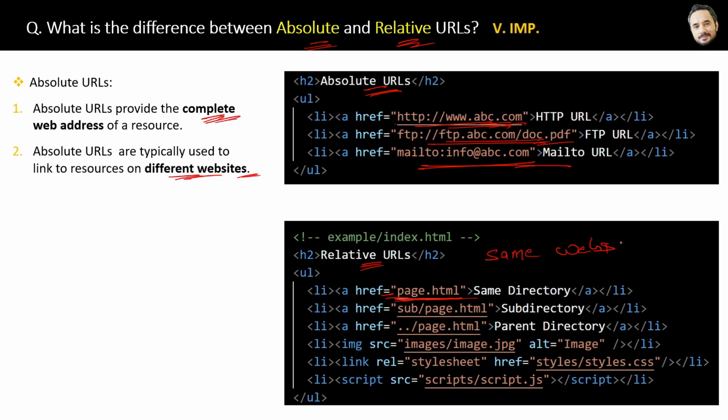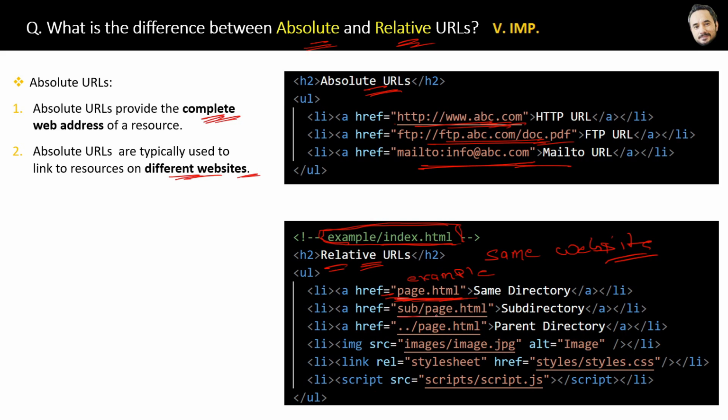Getting my point? For example, suppose this current HTML page name is index.html, okay, and that is inside the example folder. Now the browser will look for the page.html inside the example folder only. Relative, right? That's why it is called relative URL. Here, directory and folder are the same thing.